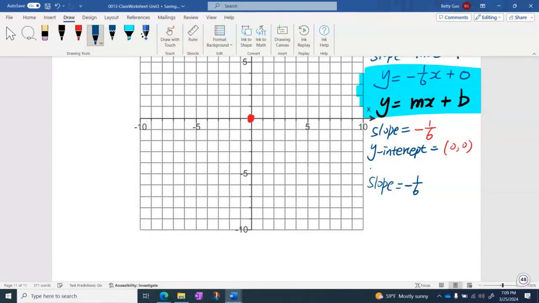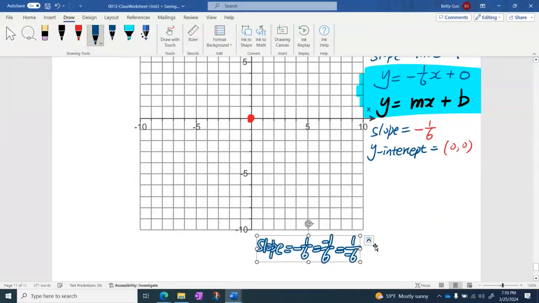The slope is -1/6. I'm able to write this fraction as either -1/6 or 1/-6, and it is rise over run.